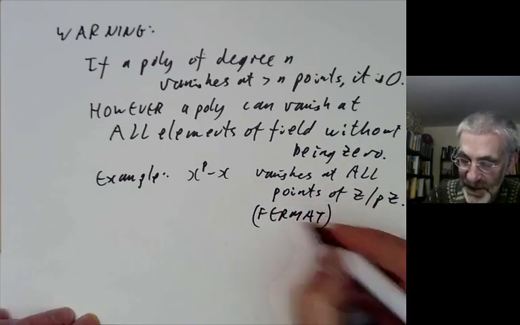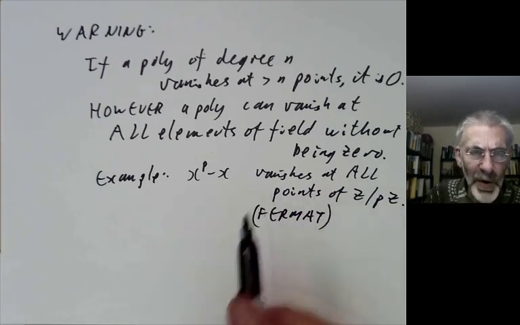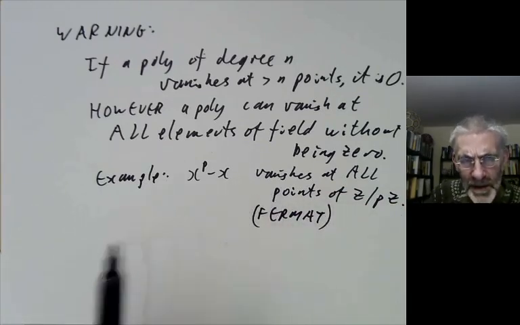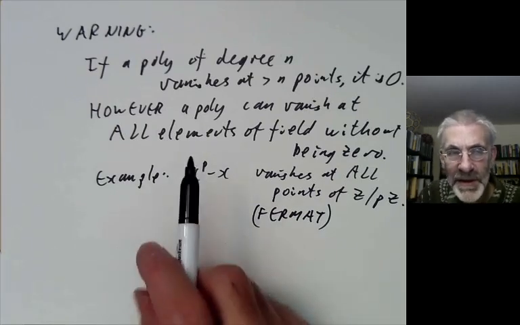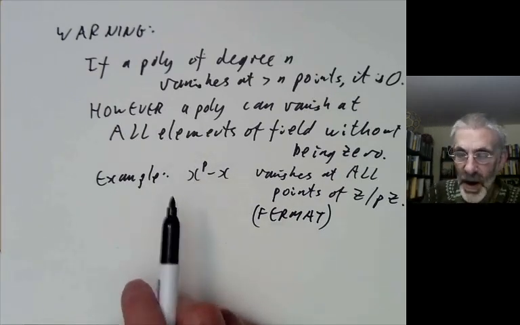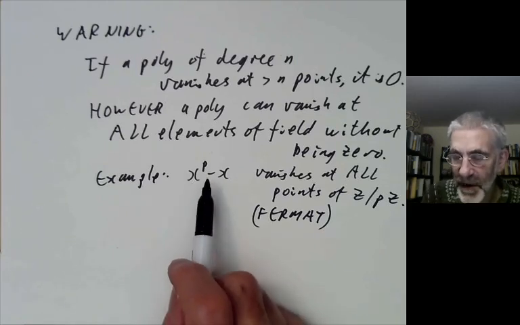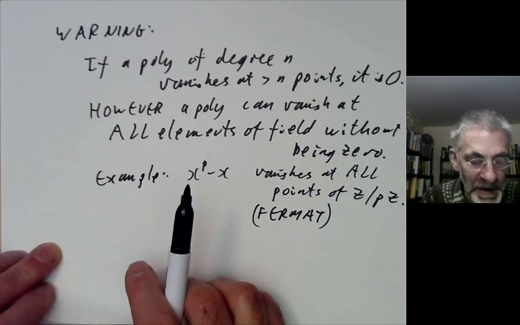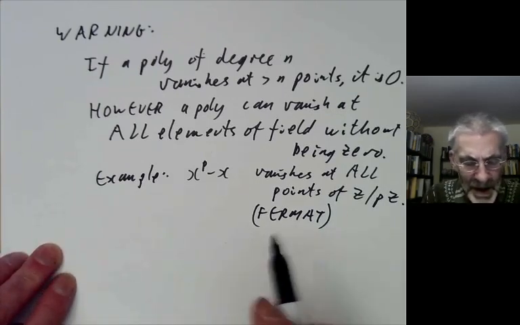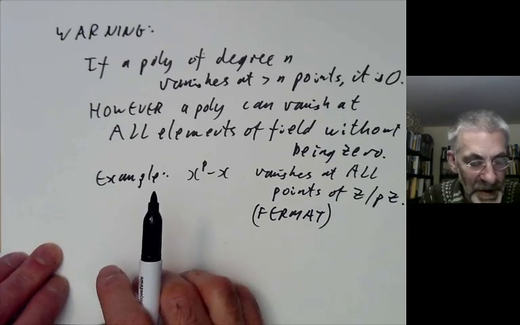That's essentially the same as Fermat's theorem. So when you're talking about polynomials over a finite field, you have to be a little bit careful to distinguish between the polynomial being zero in the sense that all its coefficients are zero, or the polynomial being zero as a function, because it can be zero as a function without all its coefficients being zero. And this occasionally causes a bit of confusion.